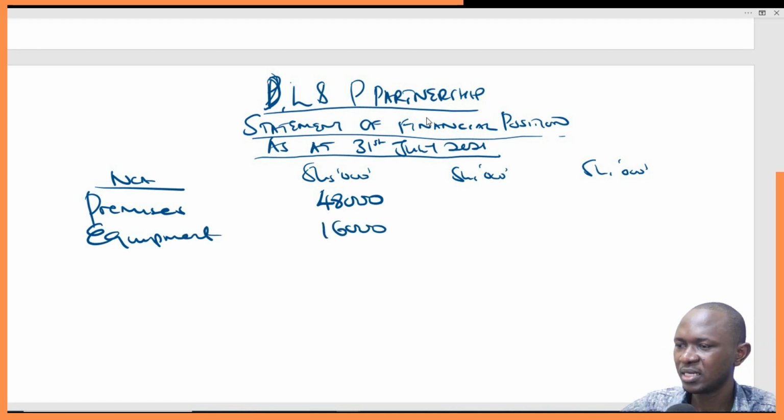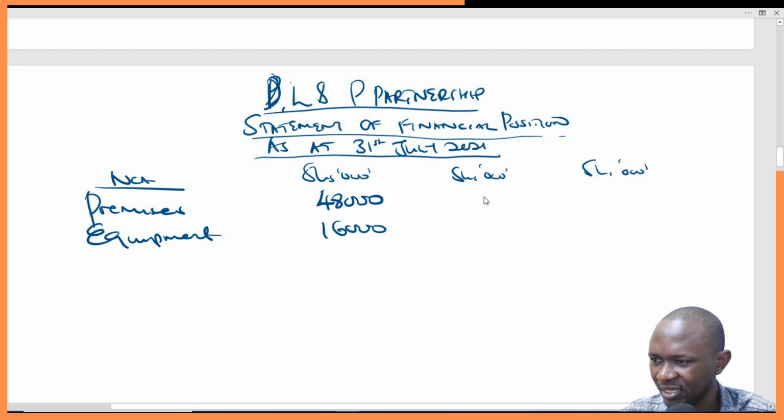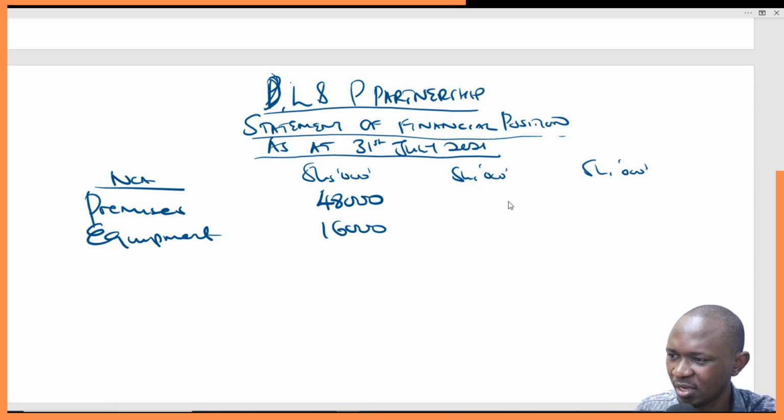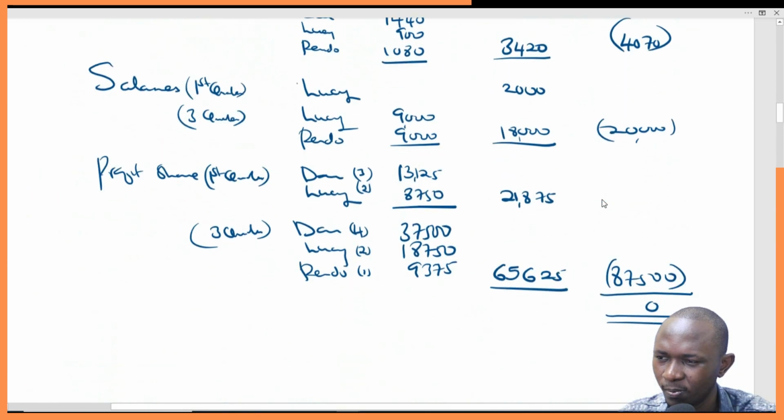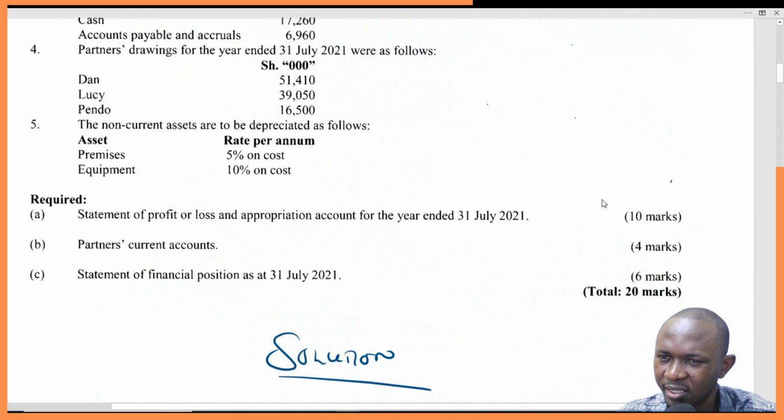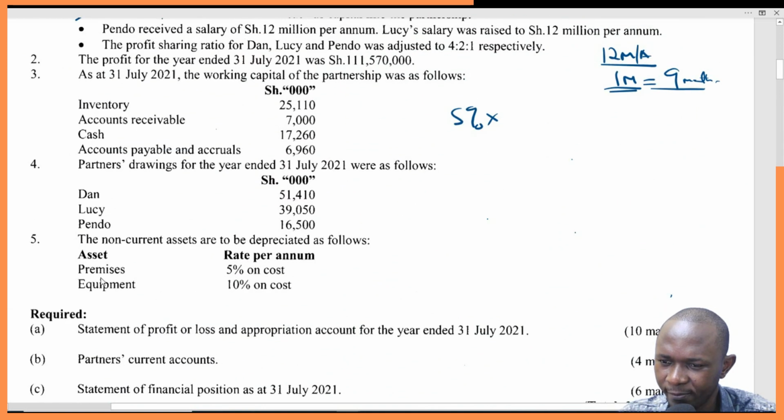And of course, the next thing now is to get the accumulated depreciation. Premises is 5% on cost, equipment 10% on cost. Yeah, that is straightforward.